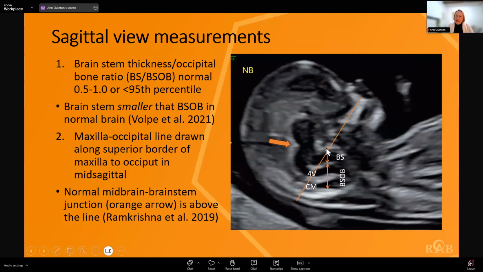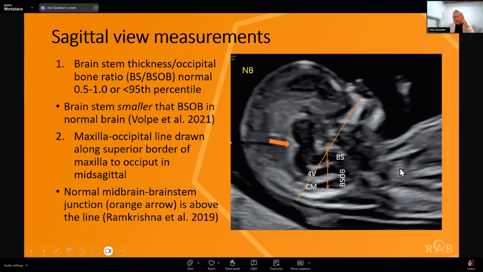So we can see here that the brainstem is about half the thickness of the combined measurement of the BSOB. When there is spina bifida, this ratio increases, and so the brainstem will look larger than the BSOB, and often you can't see the cisterna magna, and you can't see the choroid bar, or you might only just see one structure in here instead of these three.